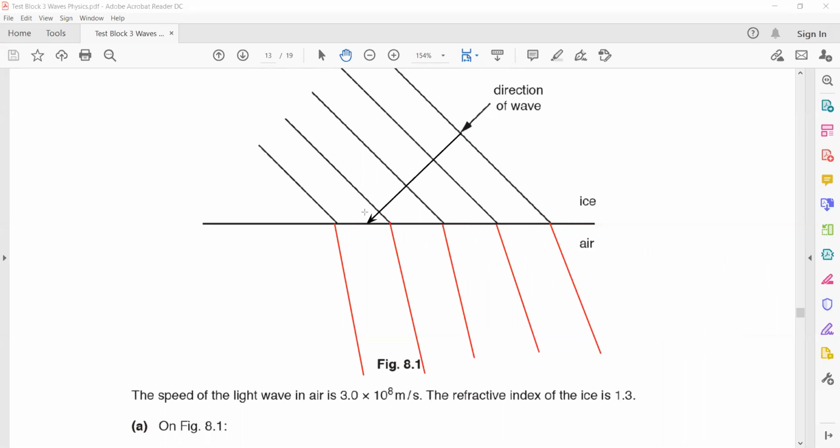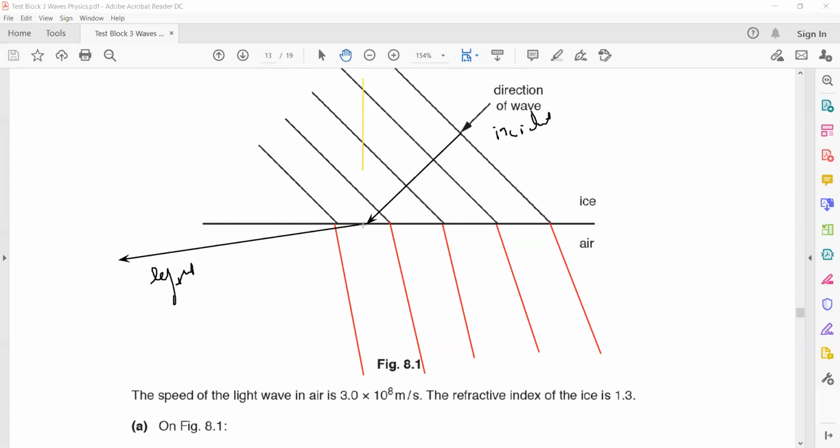So this is the incident wave, and how to get the direction for the refracted wave? I will draw an arrow, but that second arrow should be perpendicular or 90° to the wavefront. This arrow is showing the incident direction, the wave which enters, and this one is showing the refracted direction, the wave which changes the speed and direction.